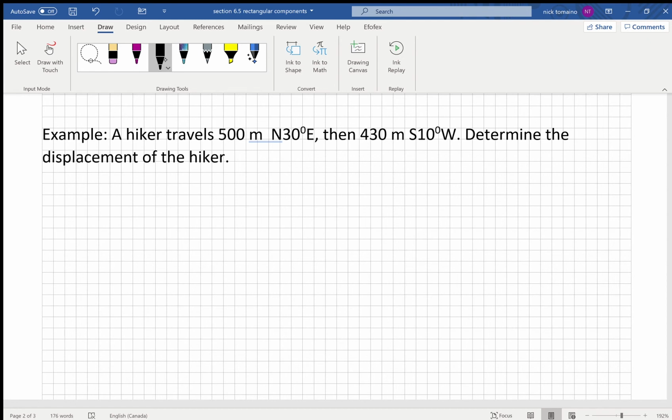Okay, so we'll draw our sort of axes first. There we are. And we are going 500 meters north and then 30 degrees to the east. That's our 30 there.